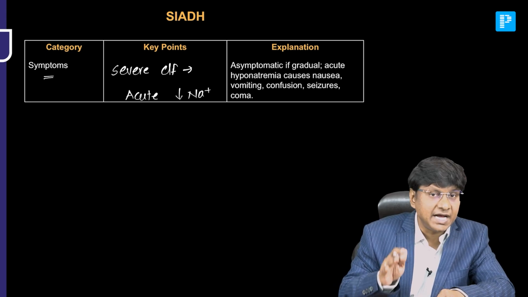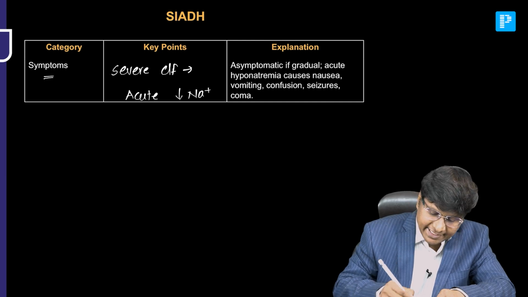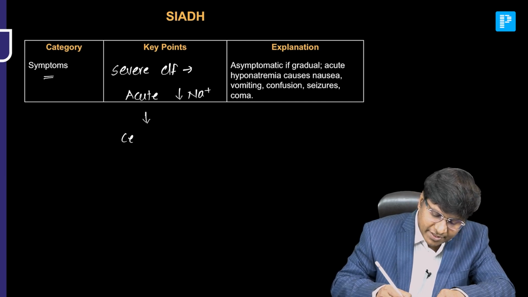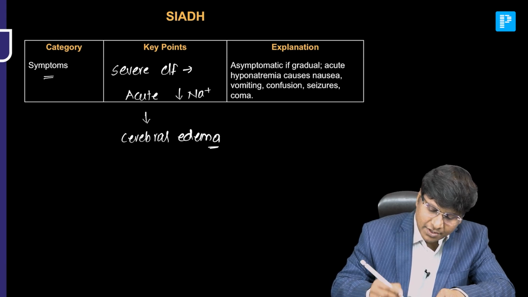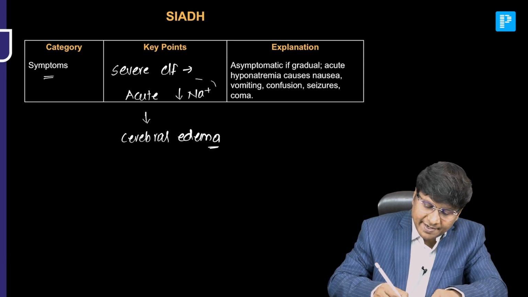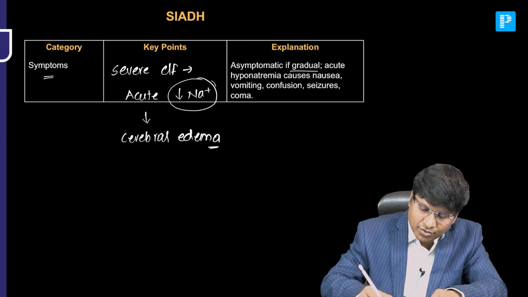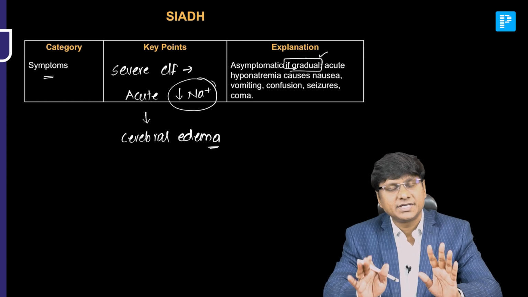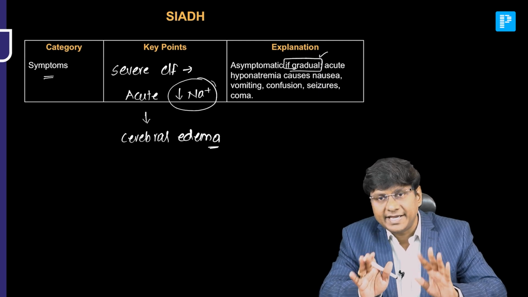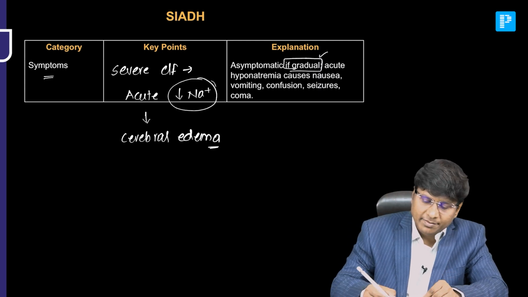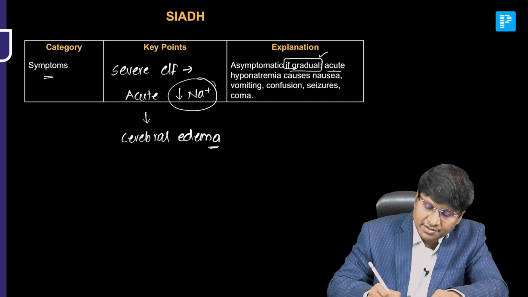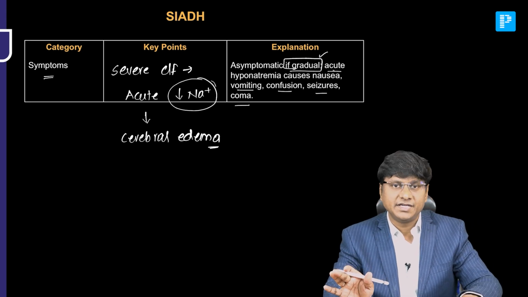This acute hyponatremia will cause cerebral edema, and that is the reason why the individual will have clinical manifestations. Whereas, if the hyponatremia development is gradual in onset, then the individual will remain asymptomatic, right? So what will be the features of acute hyponatremia? That is projectile vomiting, confusion, seizures, coma, and as well as death of the individual.